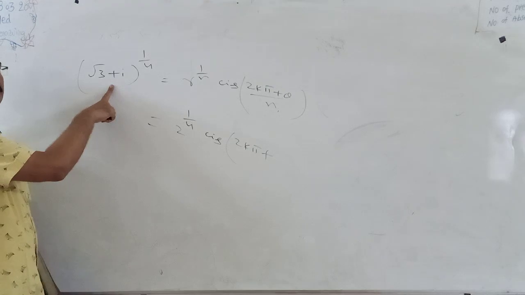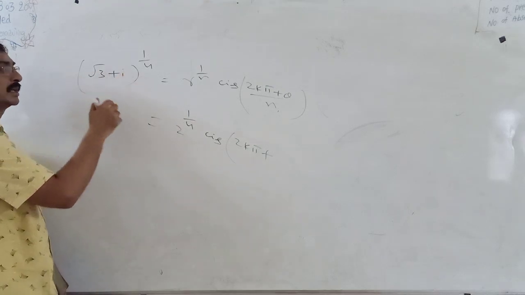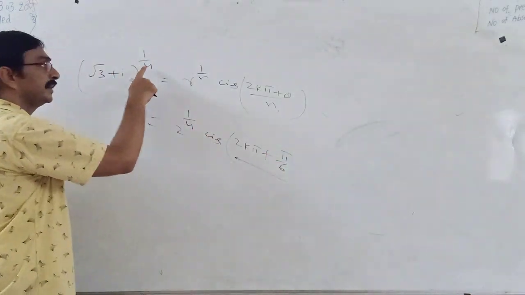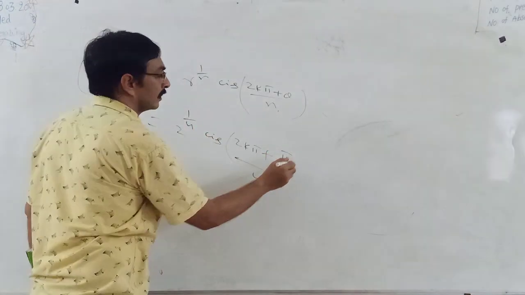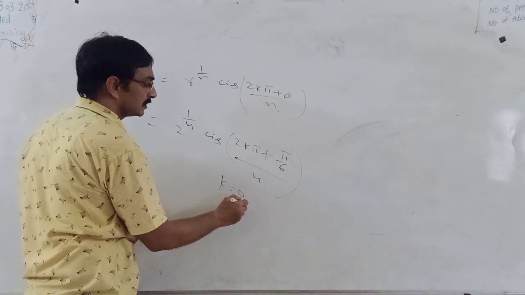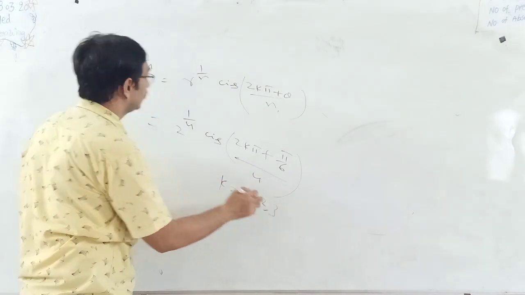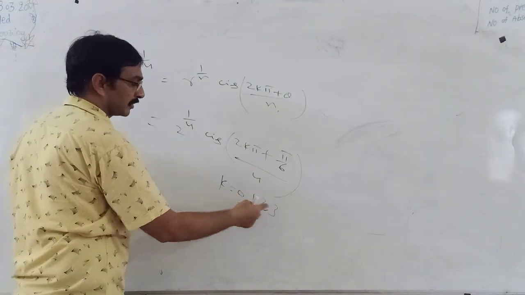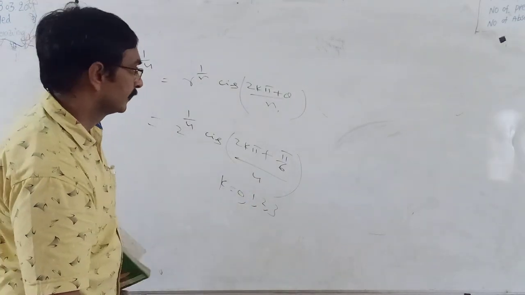Theta is the argument of this number: tan inverse of 1 by root 3, which is 30 degrees, pi by 6. The value of n is 4, where k equal to 0, 1, 2, 3. So fourth roots means there are 4 values.